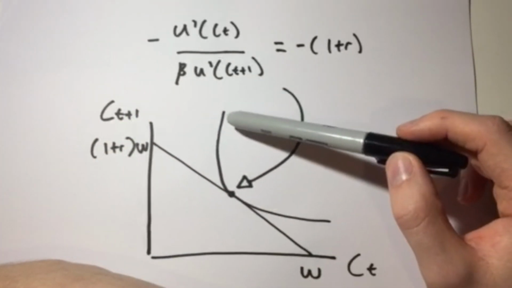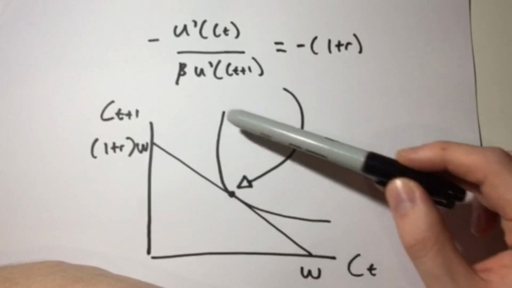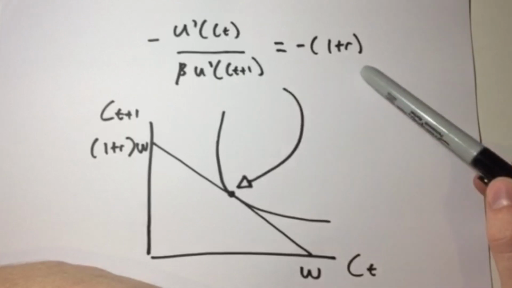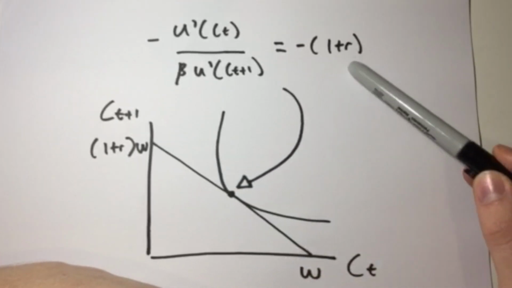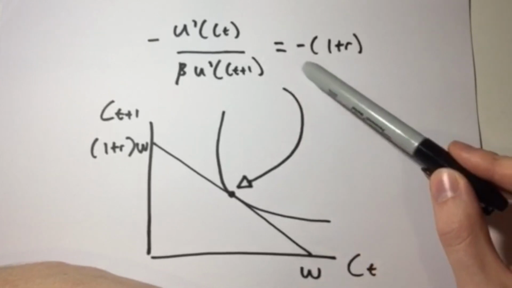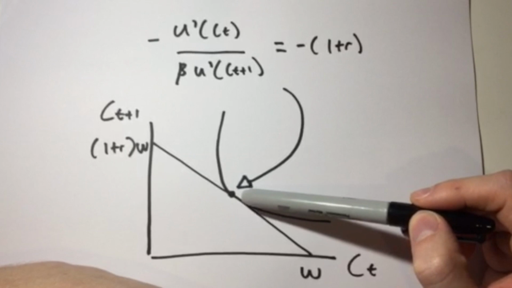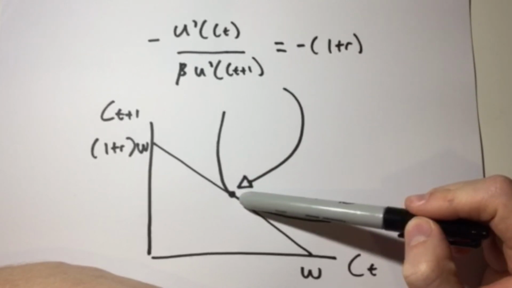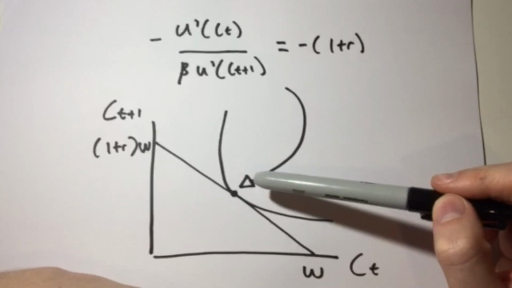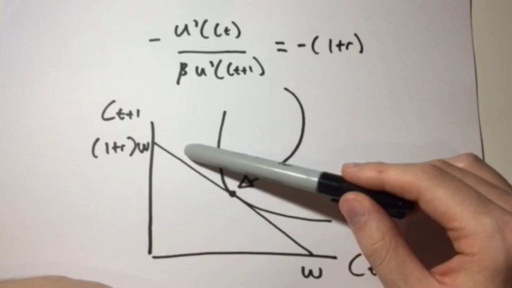So now looking at our indifference curve, remember the slope of this curve here is equal to this, and the slope of our budget constraint along here is equal to this. So when these two are equal to each other, this corresponds to this point here where the arrow is pointing. We cannot consume any more past this point because the constraint won't allow us.